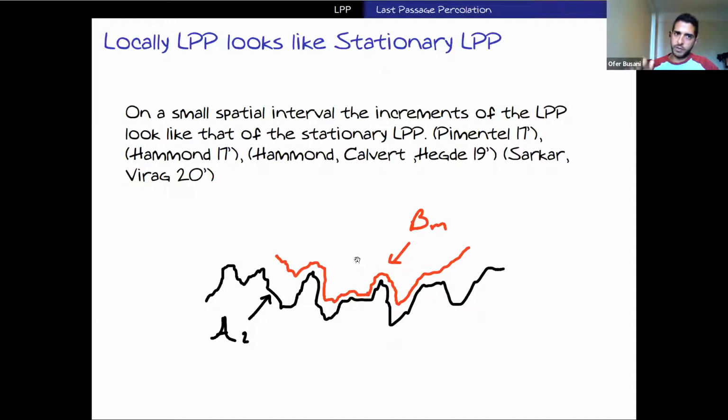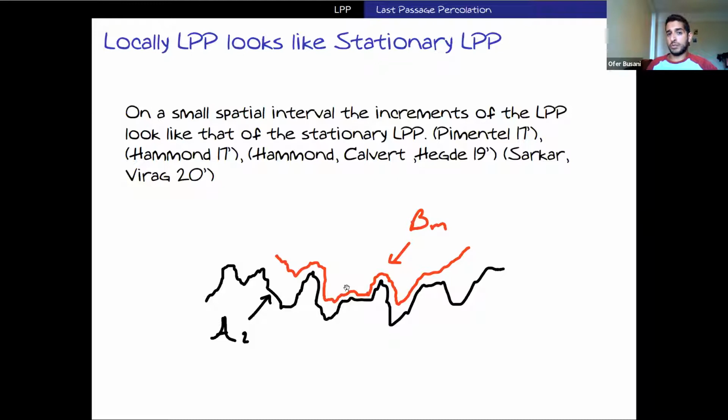This process is just the spatial changes as you tweak the endpoint along the anti-diagonal. And we have results showing that, up to a constant, this process will behave like a Brownian motion.